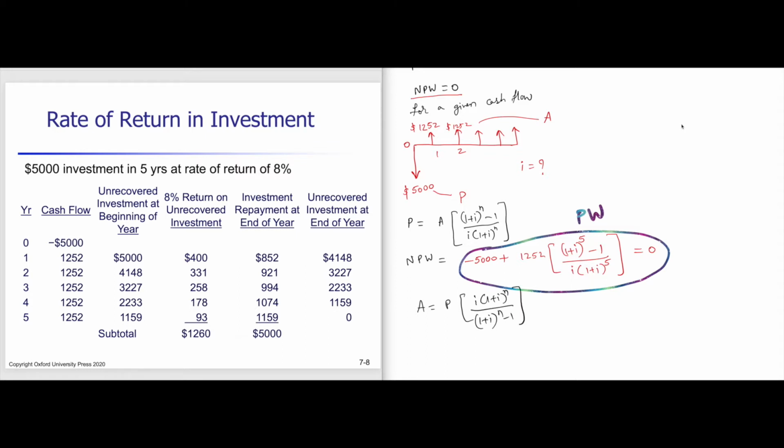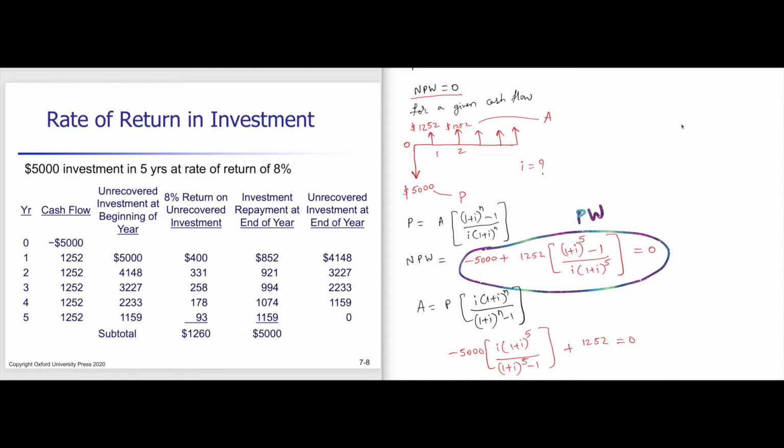This is A given P. So either we can convert everything to annual worth, and we can write the same formula as negative 5000 times I times 1 plus I to the power of 5 over 1 plus I to the power of 5 minus 1, plus 1252 is equal to 0.